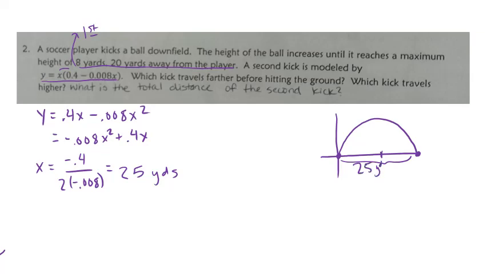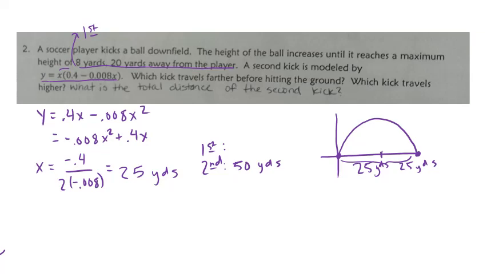So the full distance before it hits the ground again is going to be another 25 yards. So for the second kick, we're looking at a total of 50 yards. Okay, now let's compare that to the first kick. The first kick said the ball increases, it reaches its maximum height of 8 yards, 20 yards away from the player.